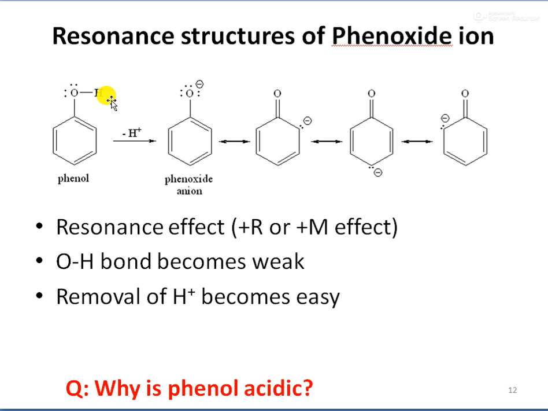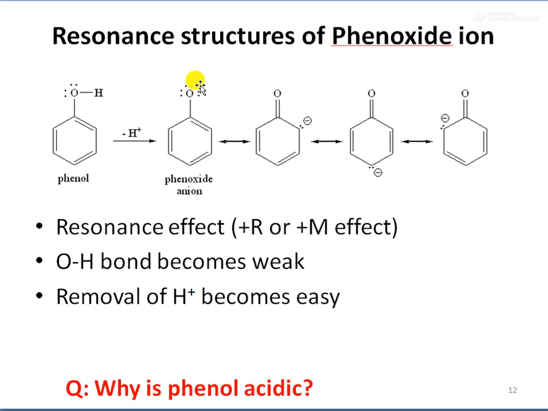That is why this oxygen is acquiring a negative charge. So as a total, there will be 3 lone pairs. So this extra electron is coming from the hydrogen, and hydrogen is leaving as H plus. So this is the phenoxide anion, oxygen is having the negative charge.